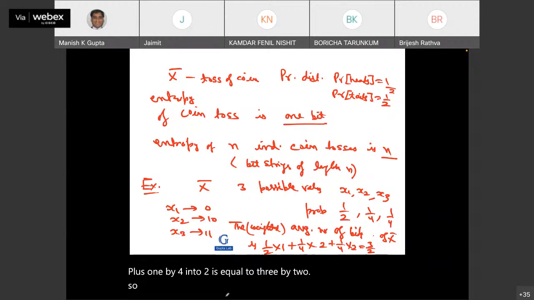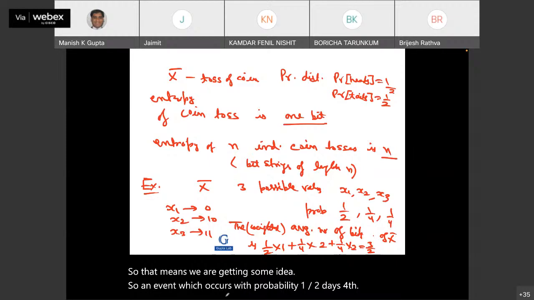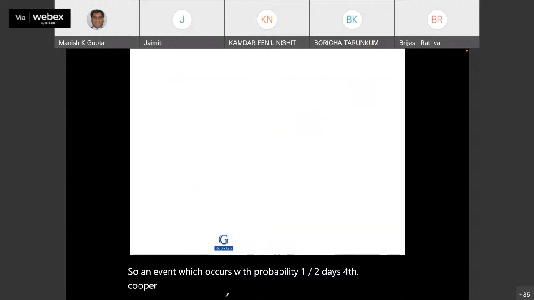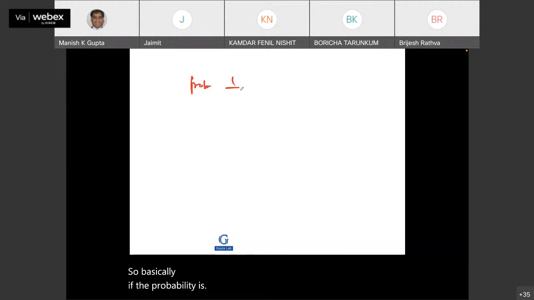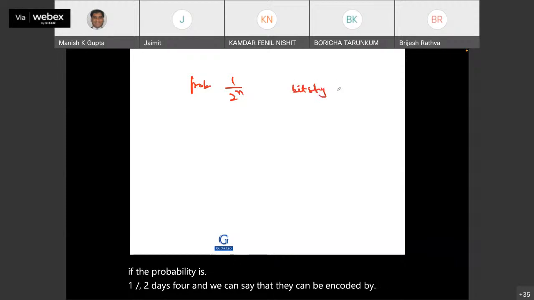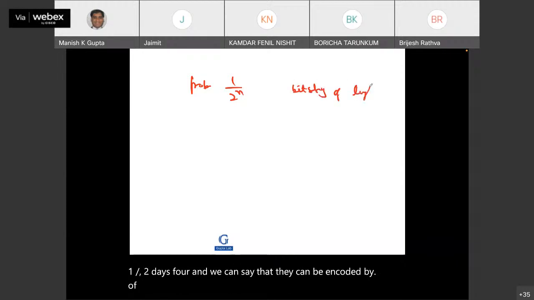So that means we are getting some idea. Suppose an event which occurs with probability 1 over 2 raised to the power n could perhaps be encoded as a bit string of length n. So basically, if the probability is 1 over 2 raised to the power n, they can be encoded by a bit string of length n.